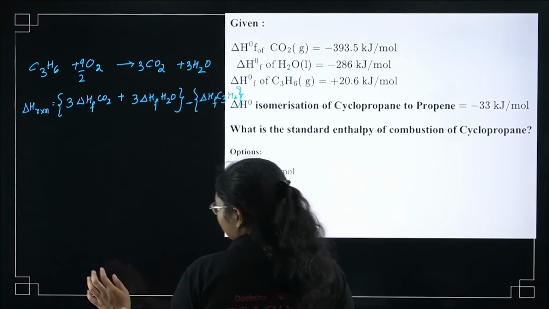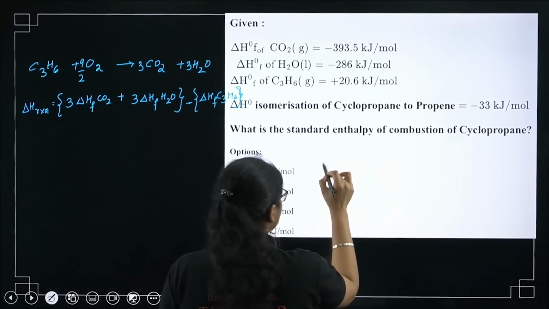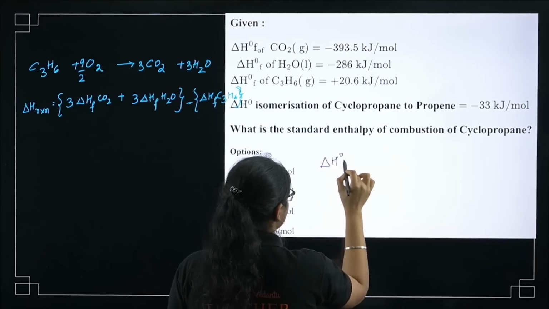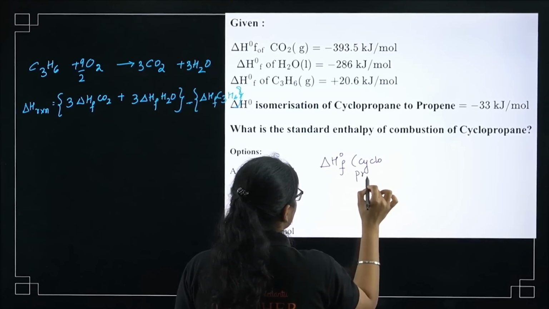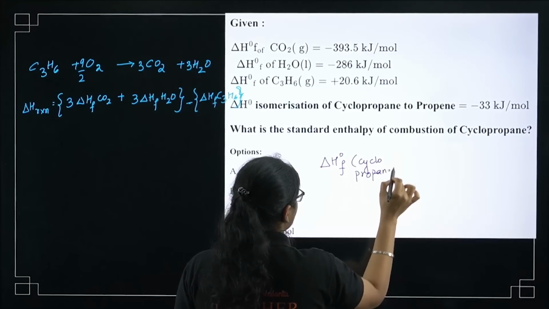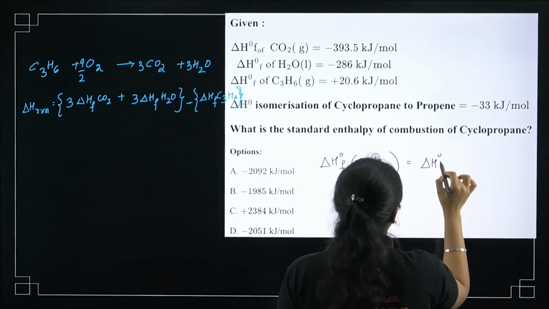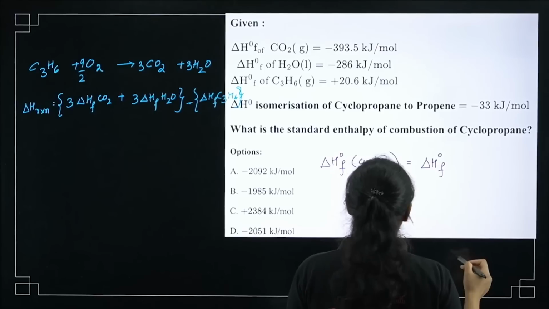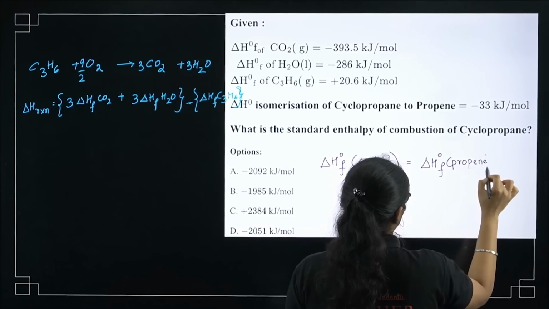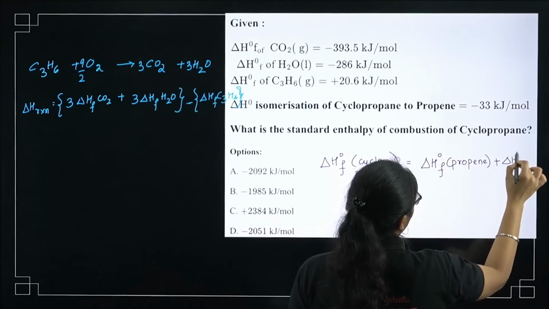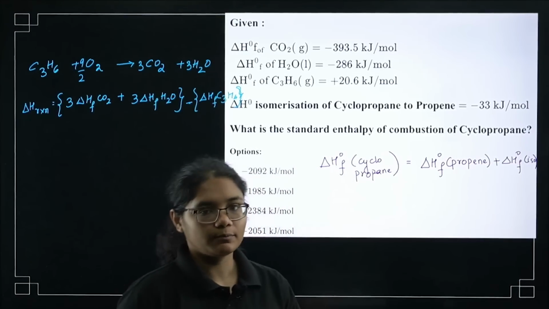Now how to calculate the enthalpy of formation of cyclopropane? Remember, the enthalpy of formation of cyclopropane will be equal to the enthalpy of formation of propene, first propene will form, plus the enthalpy of isomerization of propene to cyclopropane.